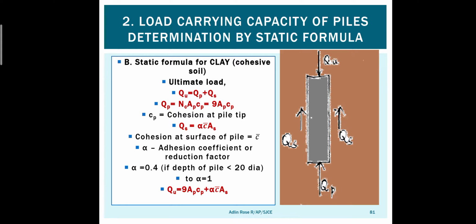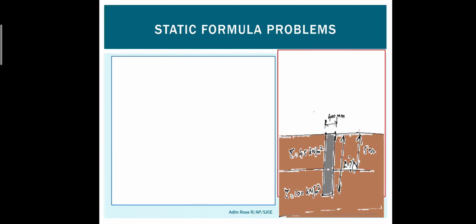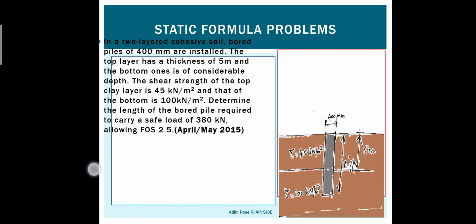Alpha is the cohesion factor or adhesion factor or adhesion coefficient, and it can be from 0.4 to 1. Please memorize this formula: 9 CPAP plus alpha C bar AS. We are going to solve problems using that.